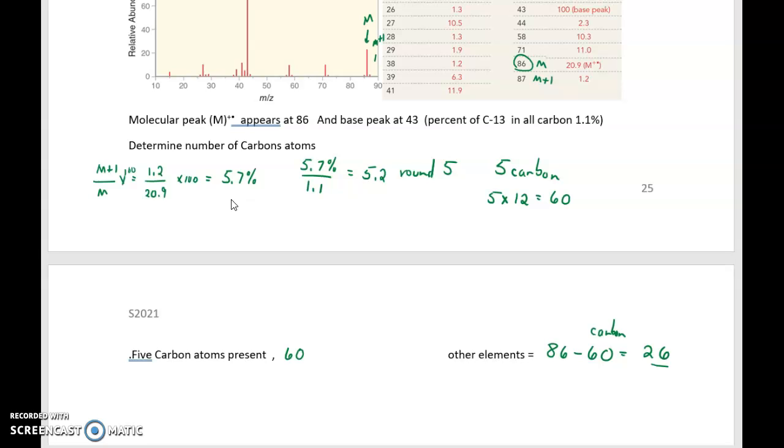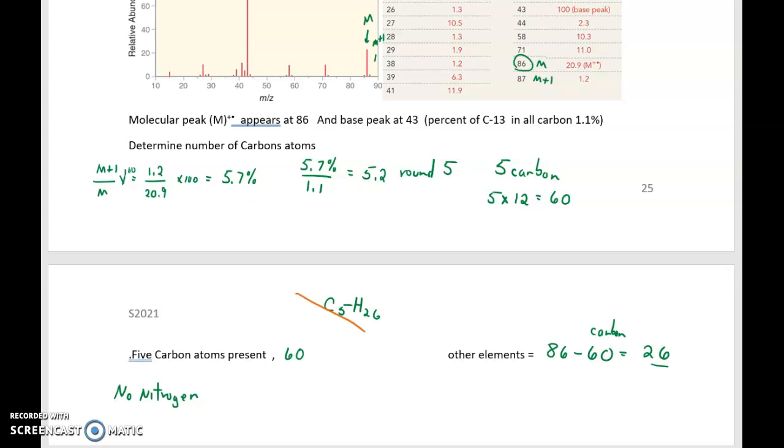The 26 is an even number, and so we expect to have no nitrogen, because it would have to be odd, and we don't have enough mass there for 2 nitrogens. The mass of 26 is too much to say that it's all hydrogen, because that's too many hydrogens.